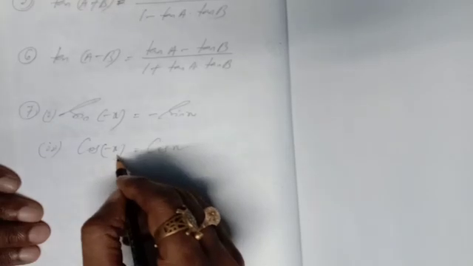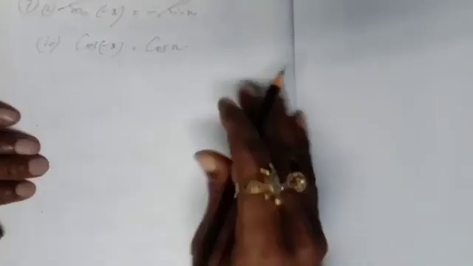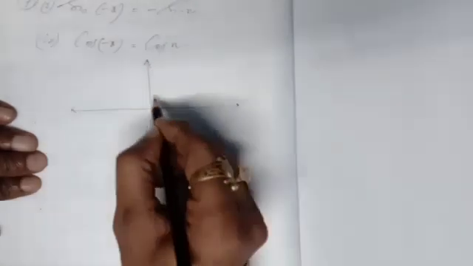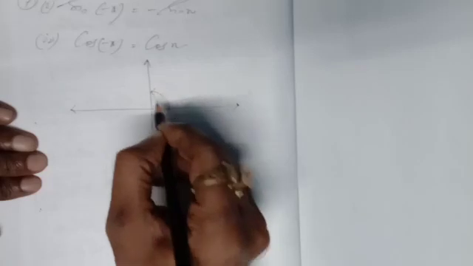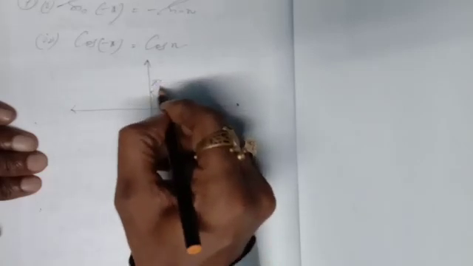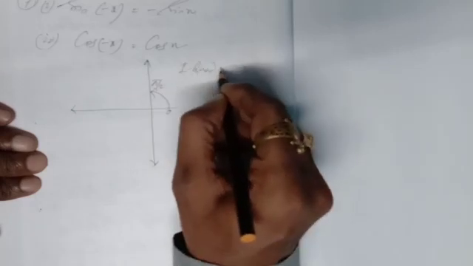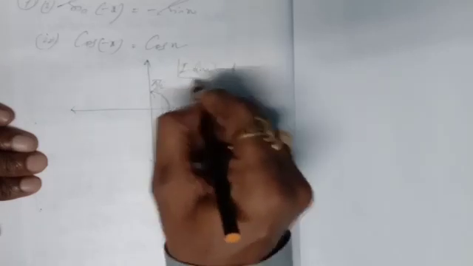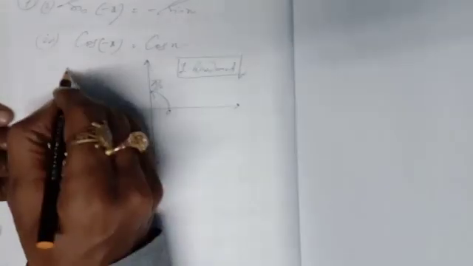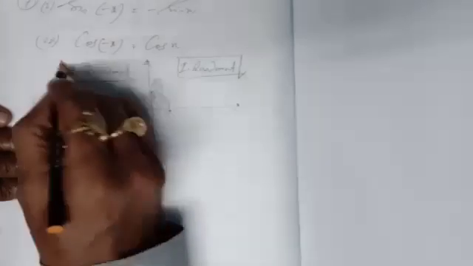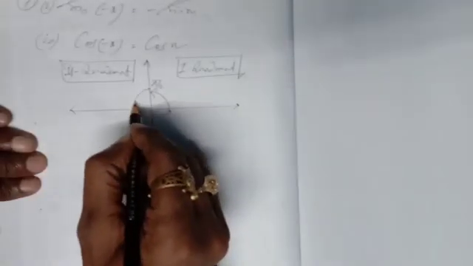Let me discuss a little bit. As you know, the first quadrant is 0 to pi by 2, that is 90 degrees. This one is the second quadrant, pi by 2 to pi.